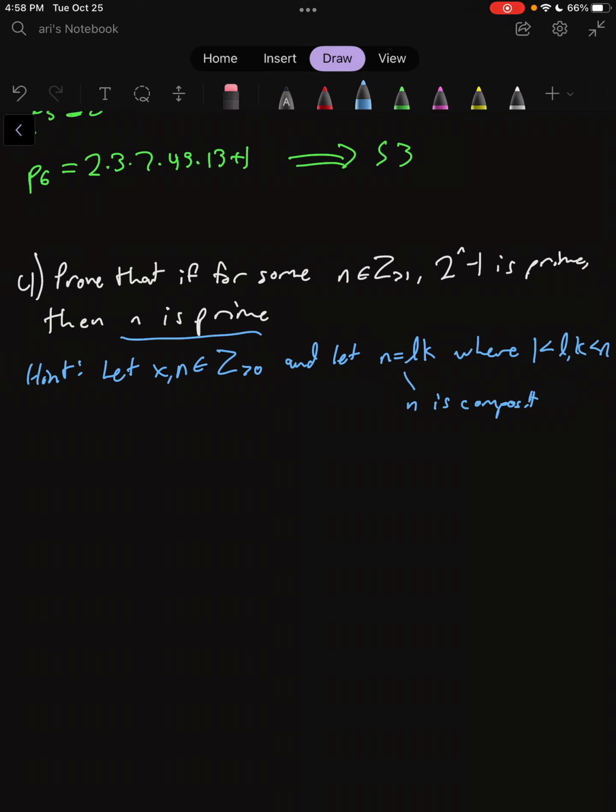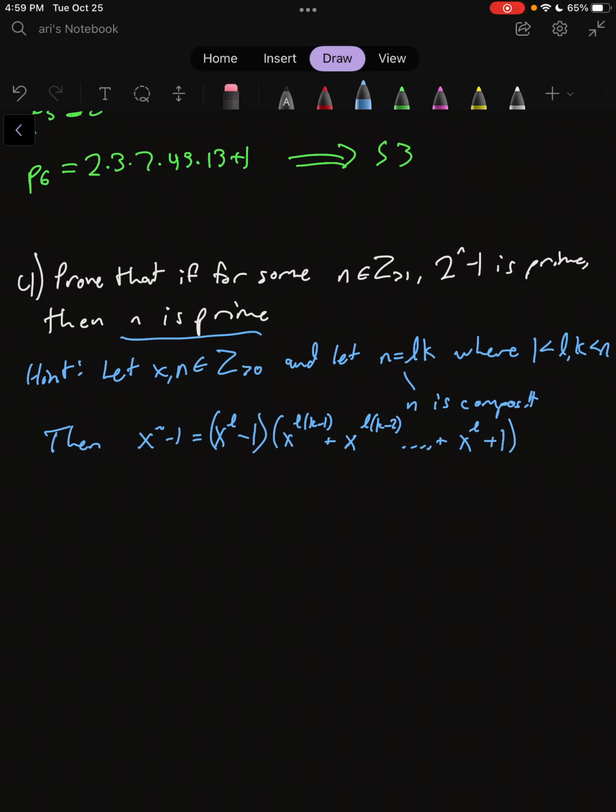So if this is the case, if we have this composite n that's positive, then we could say x to the n minus 1 is equal to x to the l minus 1 times x to the l times k minus 1 plus x to the l times k minus 2 plus x to the l plus 1.